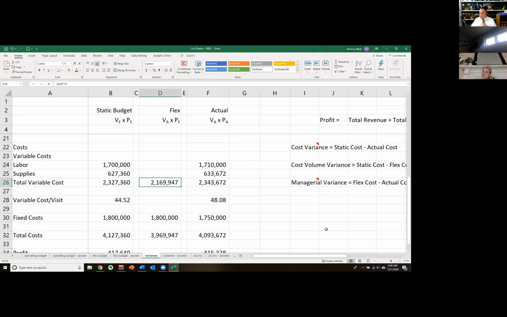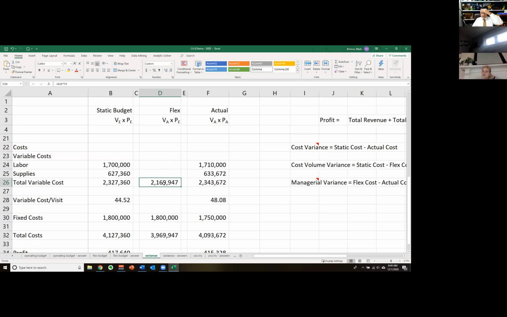So the cost of providing a visit for a capitated patient is presumably the same as the cost of providing a fee-for-service visit. And so we just lump all the visits together in terms of the number of visits. We don't break out the variable cost for a fee-for-service visit versus a capitated visit. That would be meaningless, because when you're providing care to a patient, you're not going to change how you provide care. You're going to provide the appropriate standard of care regardless.